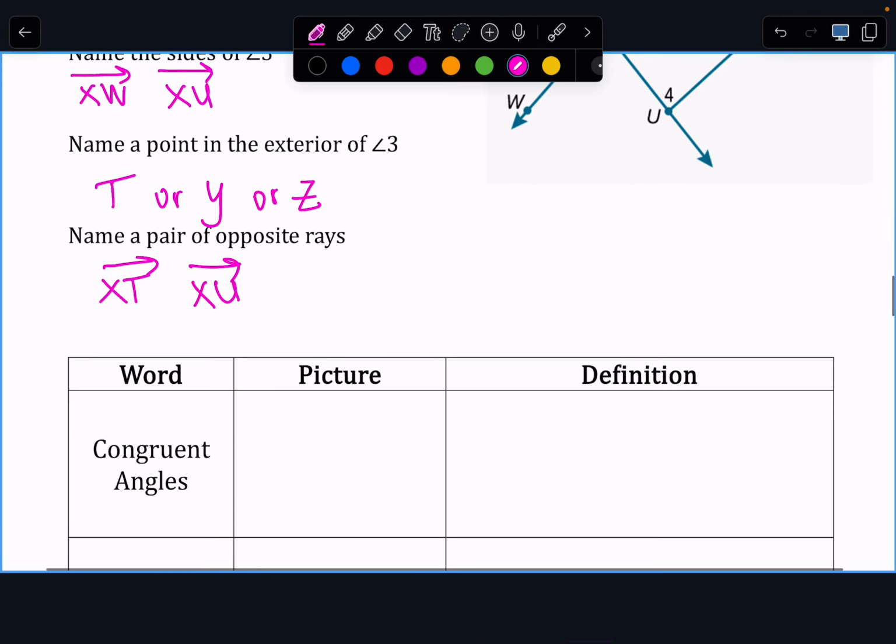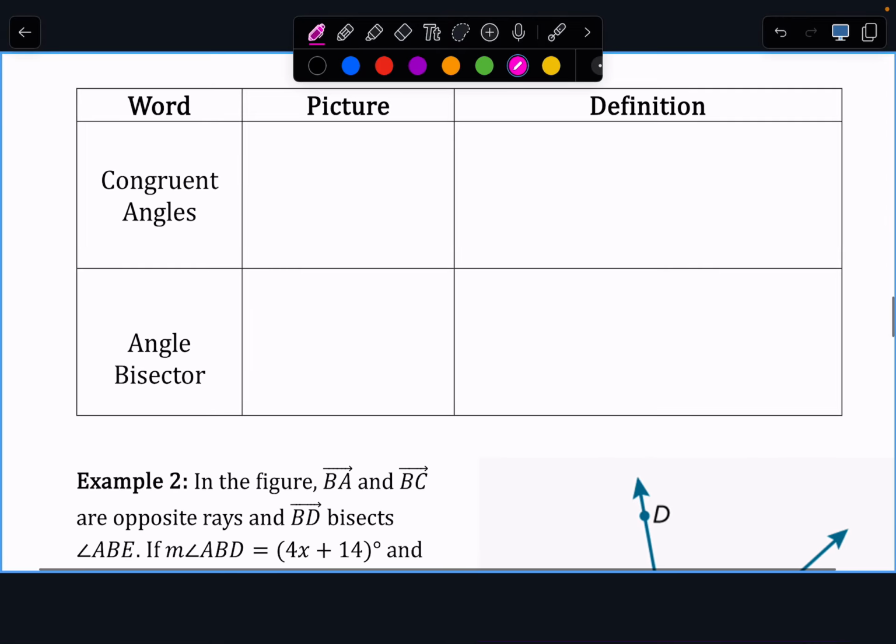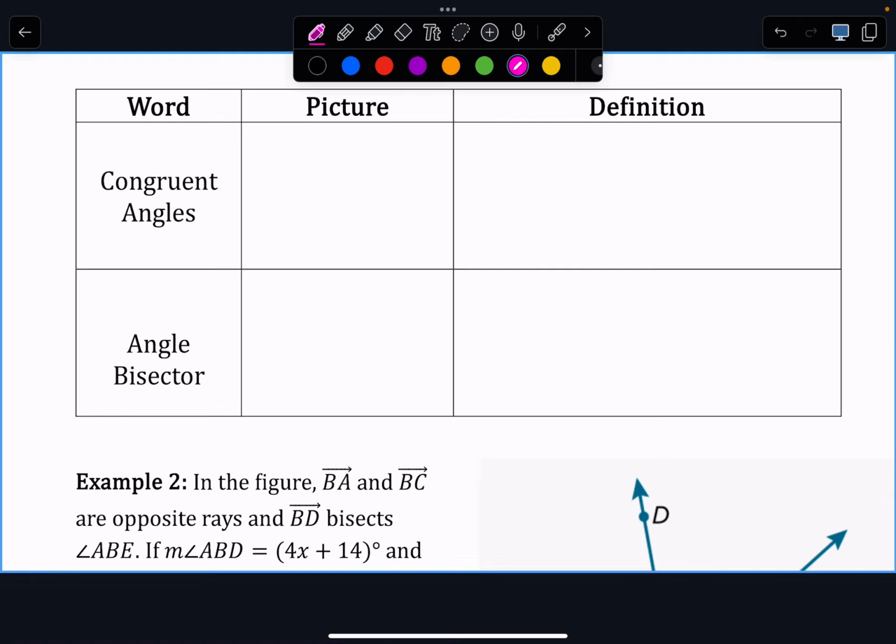All right. Let's talk about this word again, congruent. Philip, mathematically, what does congruent mean? Same measure.